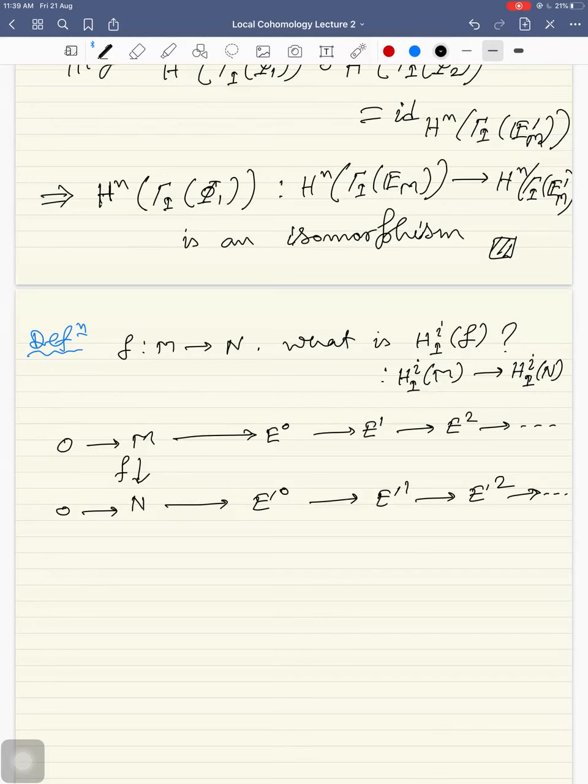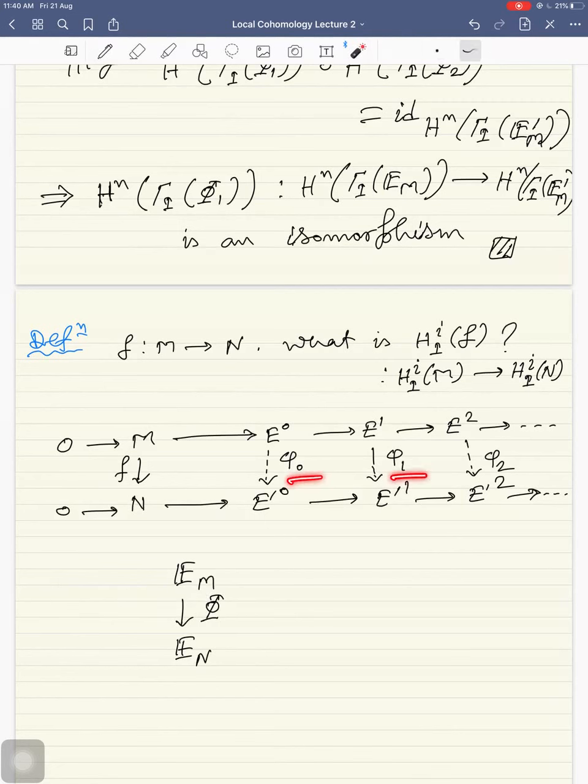Using the proposition we stated earlier, we can lift this morphism to a map like this, phi 0, phi 1, phi 2. That means from the injective resolution of M to the injective resolution of N, you can have a quotient map like this. This is just the collection of phi 0, phi 1 and phi 2.